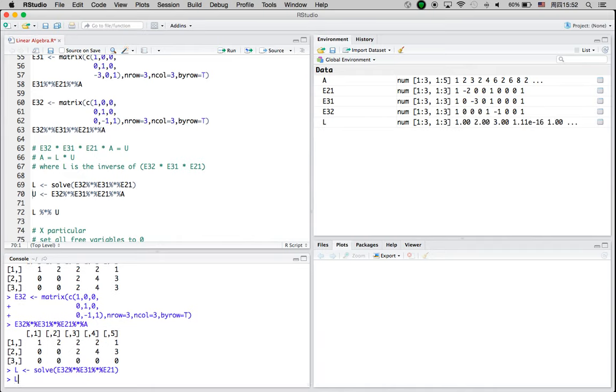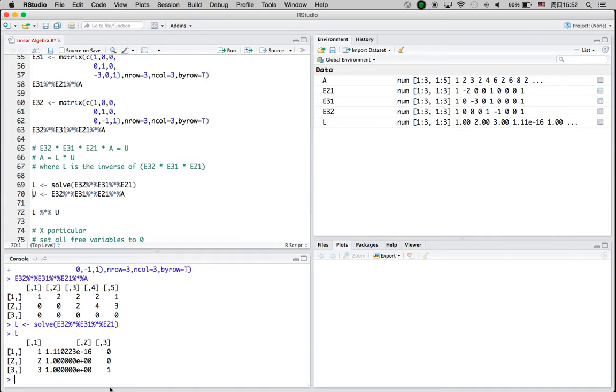So let's take a look at the L. This number should be a zero, it's just very small. That's why it is a lower triangular matrix, and U is the one here, an upper triangular matrix.